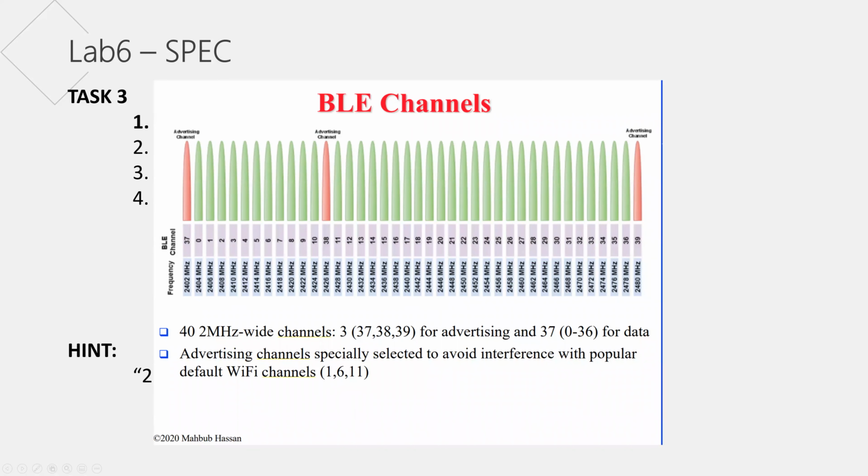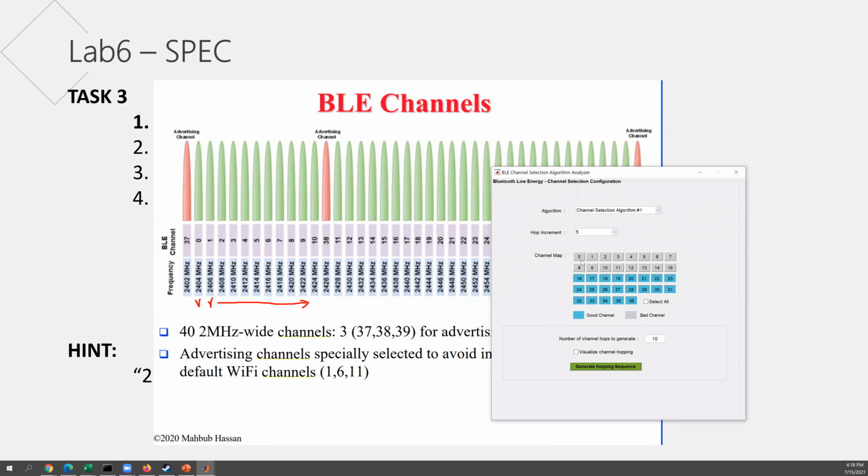You need to figure out how many channels are overlapping. You can see this one is overlapping, right? With channel 1, and this one is also overlapping. And if you go through this list and have a look, how many channels are overlapped with each other. So after you figure out this number, then you should be able to select the bad channels here.